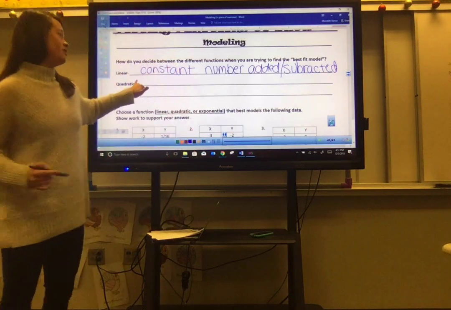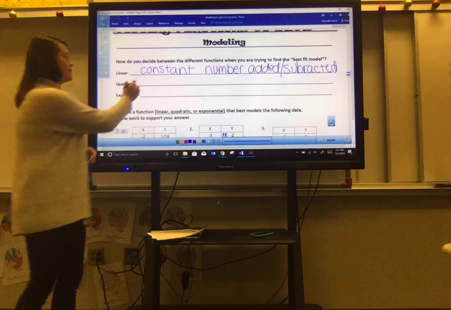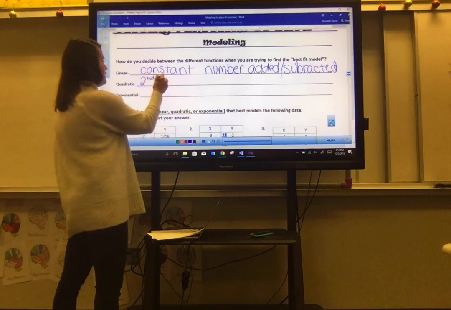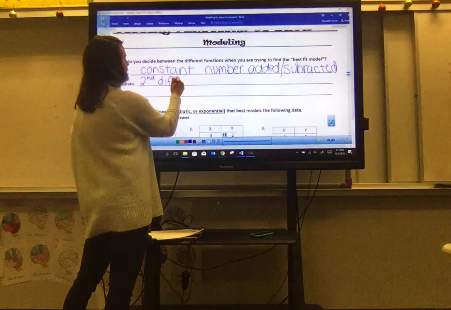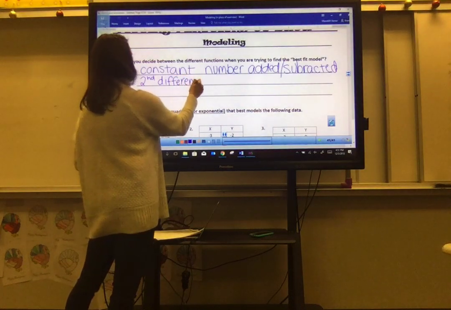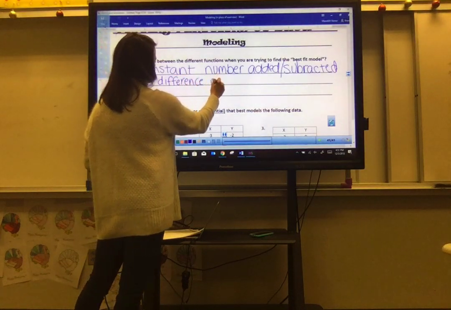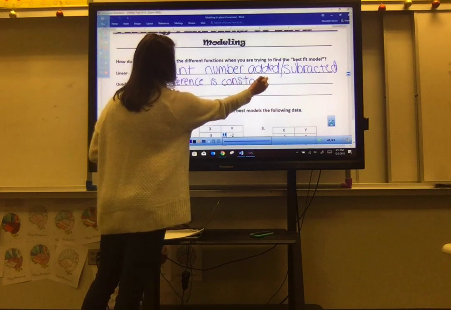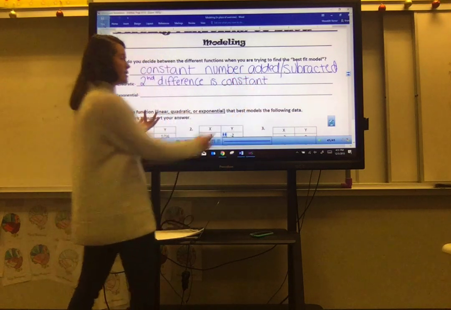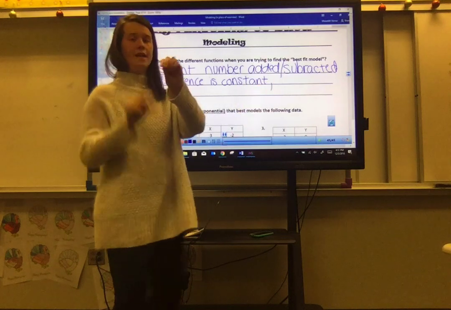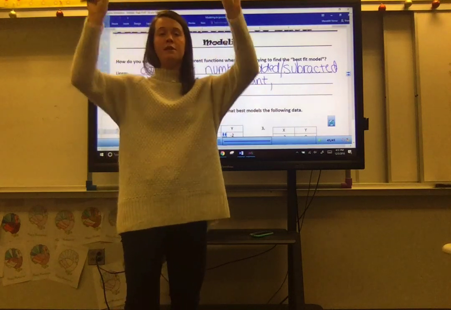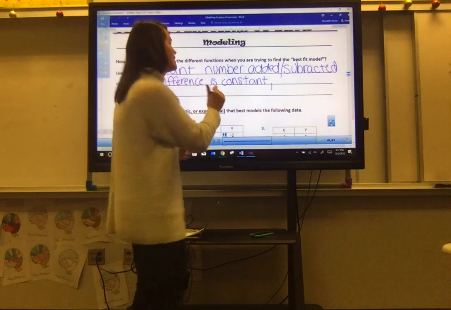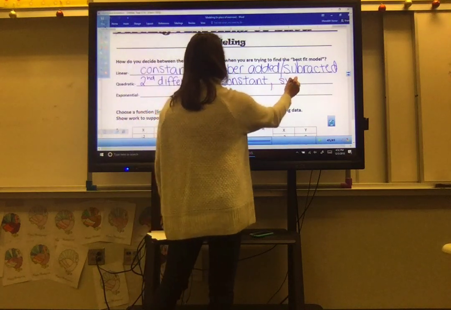Then if it is quadratic, you're going to know that the second difference is constant. Or you're going to notice that reflective pattern. You're going to notice that vertex with the reflection and the symmetry happening on the left and right sides of it. So you might find symmetry.